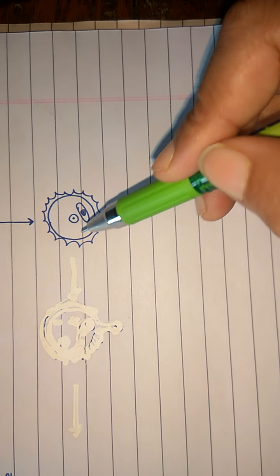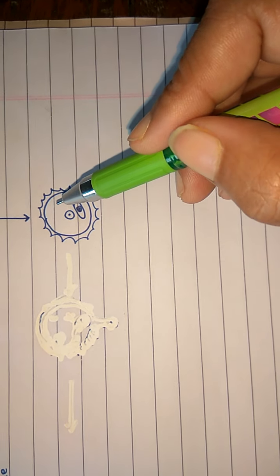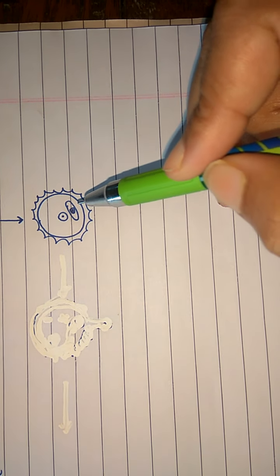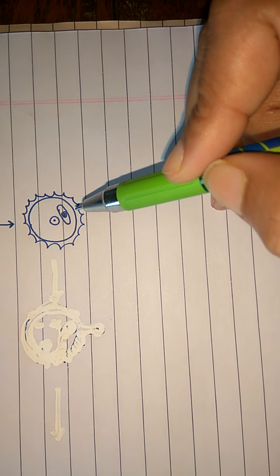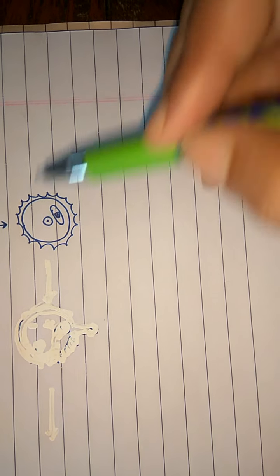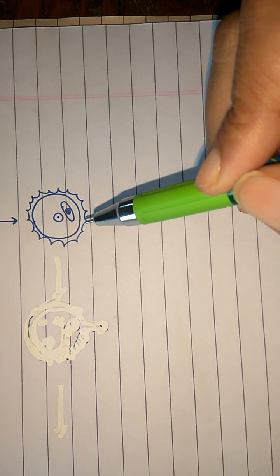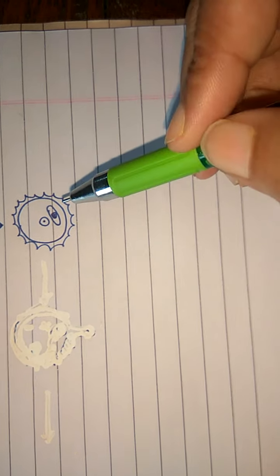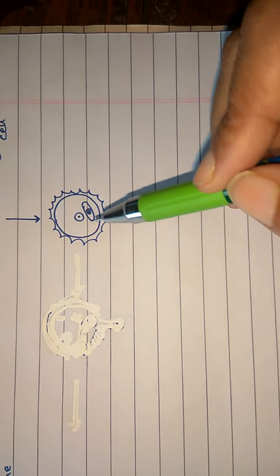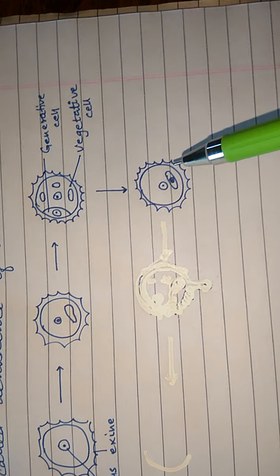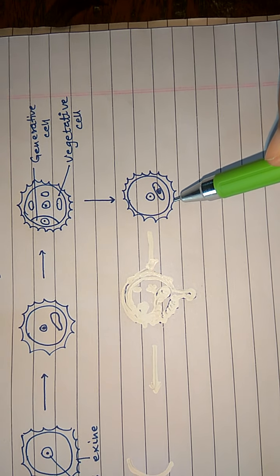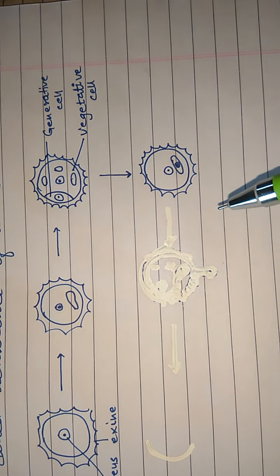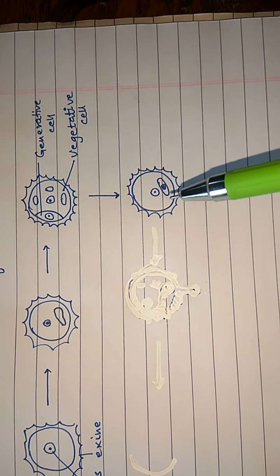Now when the pollen gets matured, it exerts some pressure on the anther wall, which bursts and sets free the pollen grains. This process of setting pollen grains free is called dehiscence of anther.